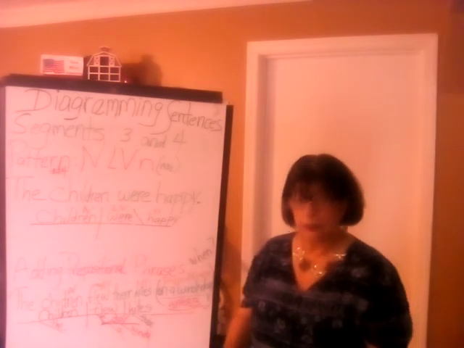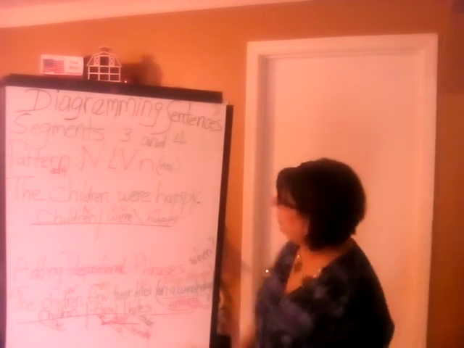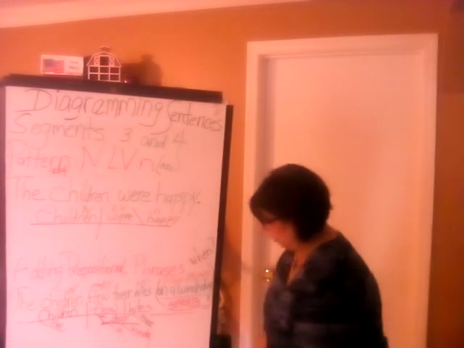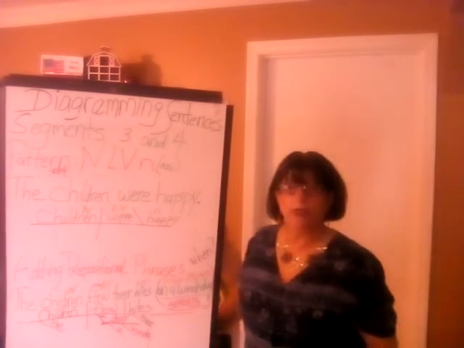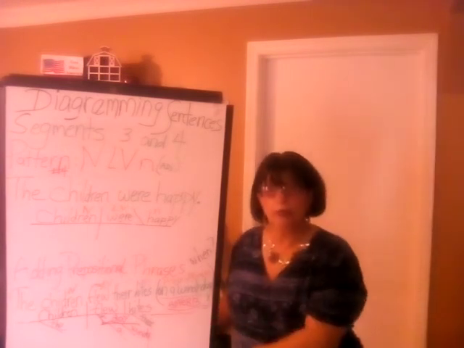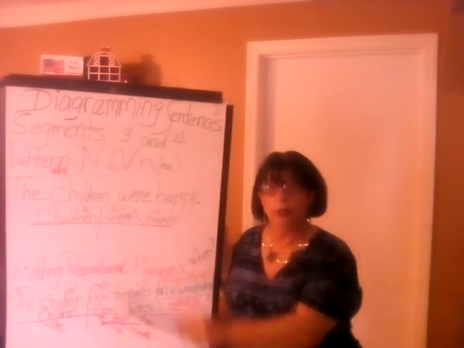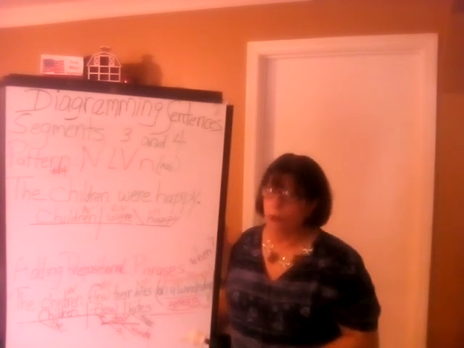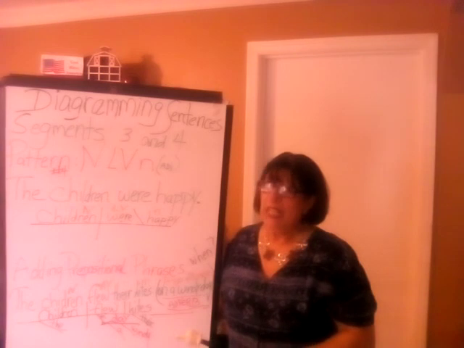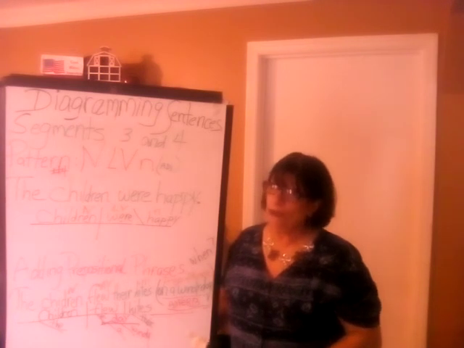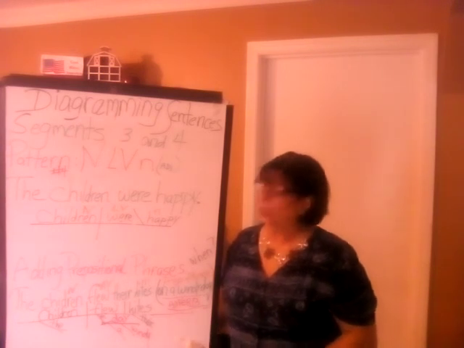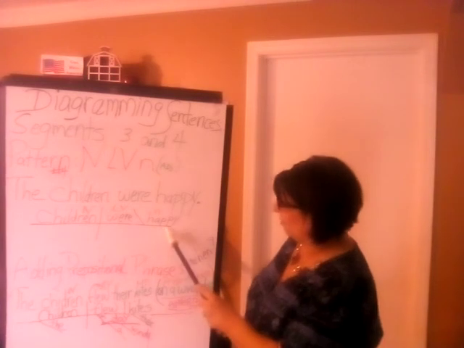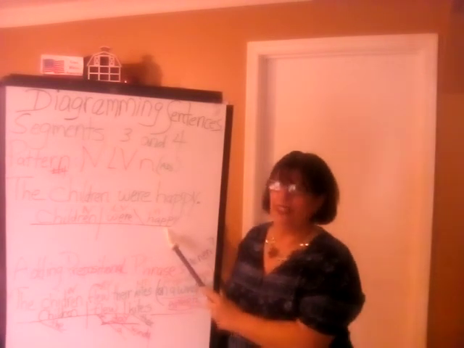And that is segment 4 of diagramming sentences. We're keeping it simple. We're doing little by little, and you know we will be building on this. In segment 5, we will talk about diagramming an indirect object. Okay, I leave you with that.